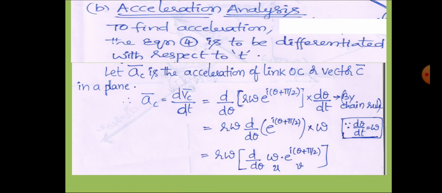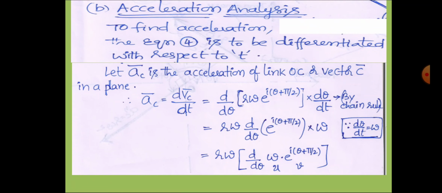Now R omega as it is outside, now bring this omega inside the bracket, so that now d by d theta of omega into e power i of theta plus pi by 2. Now this is in the form of uv, that is u into d by d theta of v plus v into d by d theta of u. So that is the differentiation of the term which is inside the bracket.